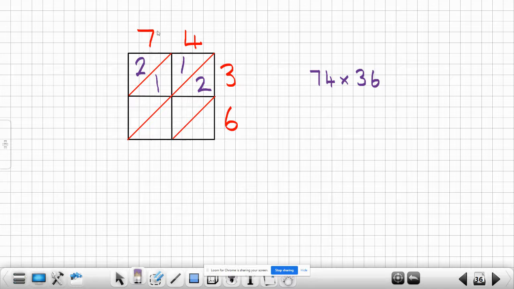And what many people say is the hardest one of the tables to do, 7 times 6. 7 times 6 is 42. So we need a 4 at the top, 2 at the bottom. And finally, we're going to do 4 times 6, which is 24. 2 at the top, 4 at the bottom.